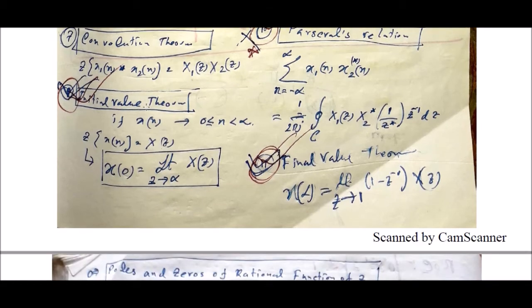Next two properties: one is the initial value theorem, another is the final value theorem. They are the most important theorems in order to do some very short numerical problems. If x[n] is a right-sided signal, with n starting from 0 up to infinity, and its Z transform is capital X(z), and X(z) is given to you, you have to find the initial value of the time domain signal, that means x[0], the first sample.